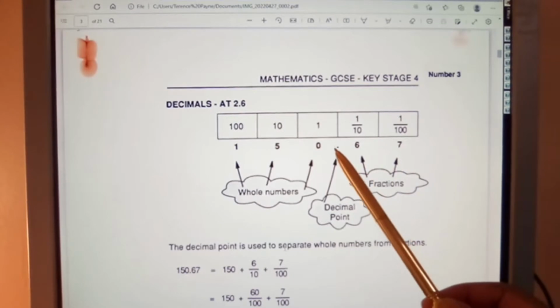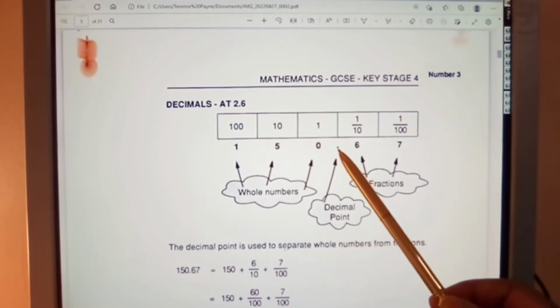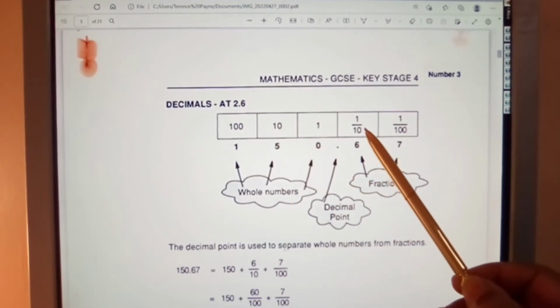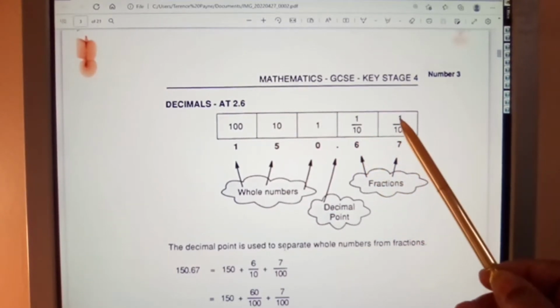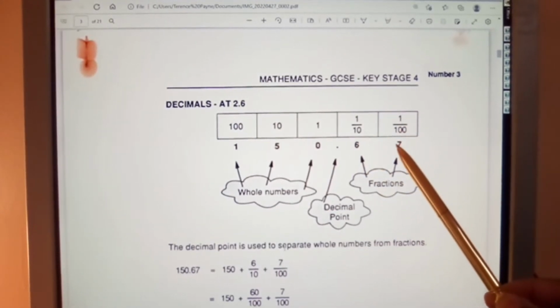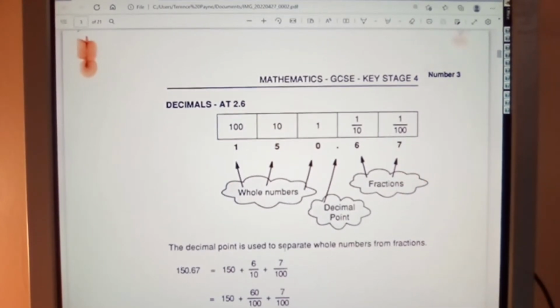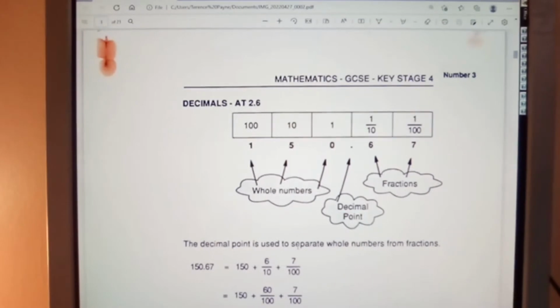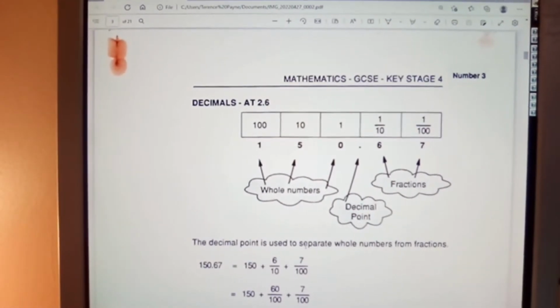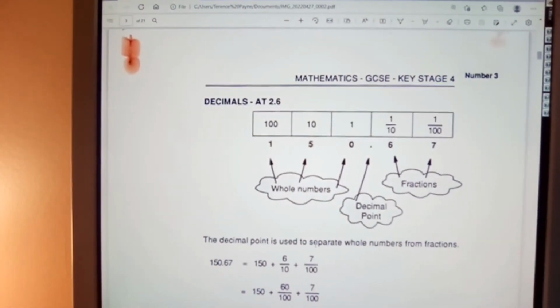So here we have 150.67, with 6 as 1 over 10 and 7 as 1 over 100. What does that actually mean?